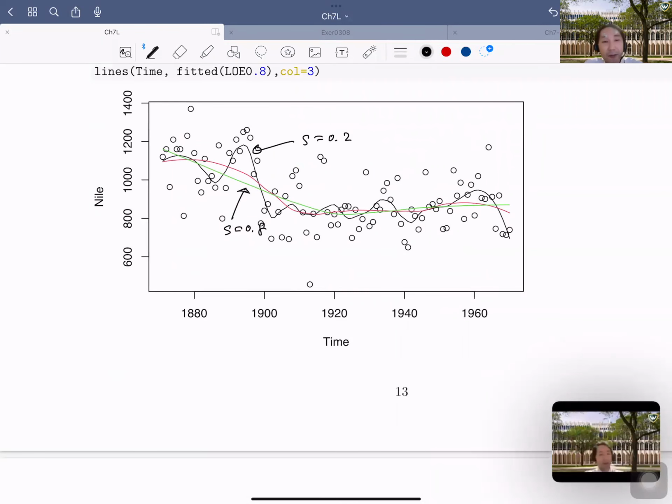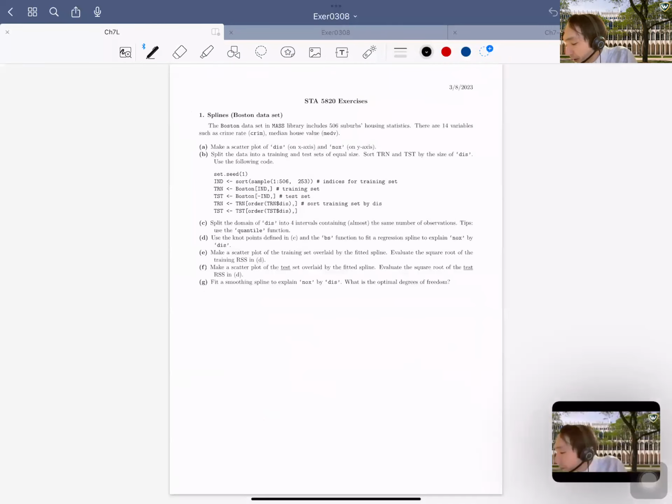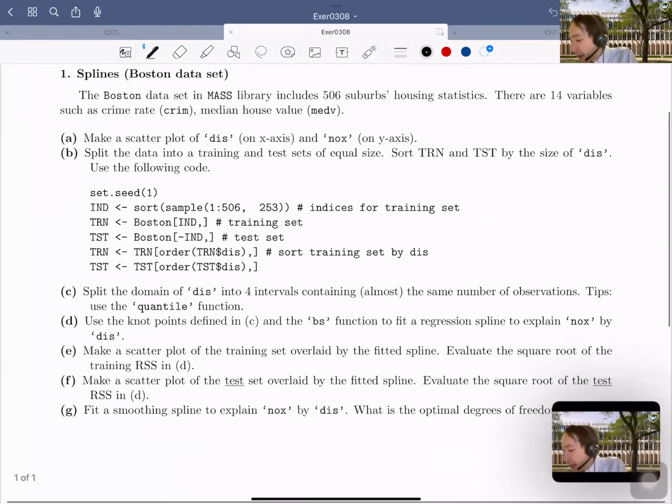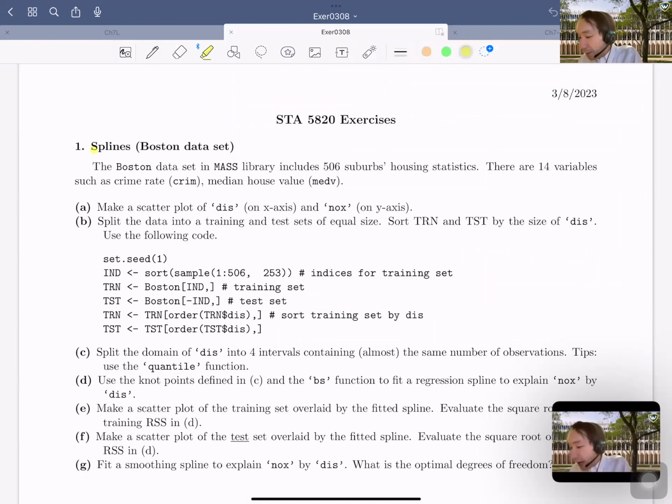Sorry, I don't have enough time, but there are still 18 minutes. So maybe I split the session to discuss the exercise. The exercise is almost similar to the lab slides: fitting splines on the Boston dataset. Remember that we have 506 observations, and each row represents a town in the suburbs of Boston.